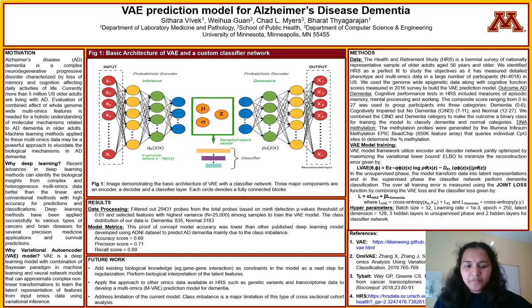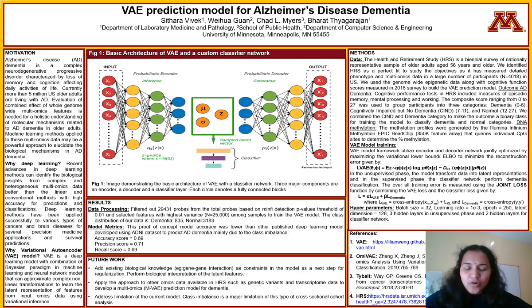For the proof of concept model, I used only the highest variance features, 25K features from the data set. The class distribution of our data is as shown: the dementia group included 835 participants and there were 3183 participants in the cognitive normal category.